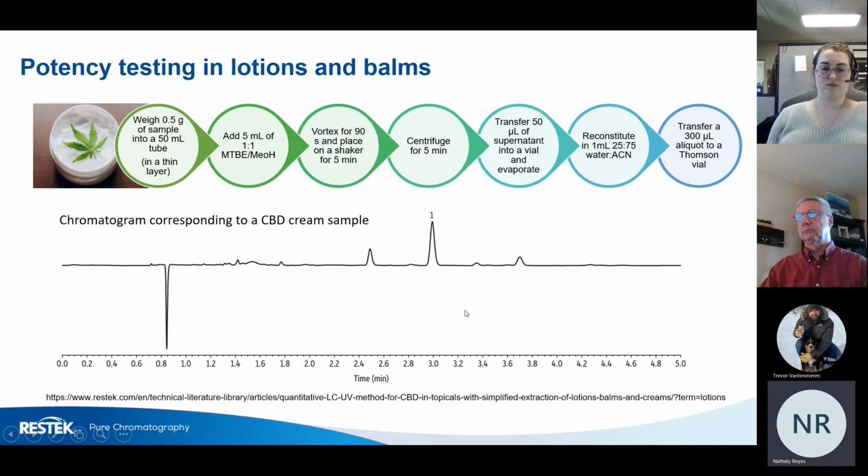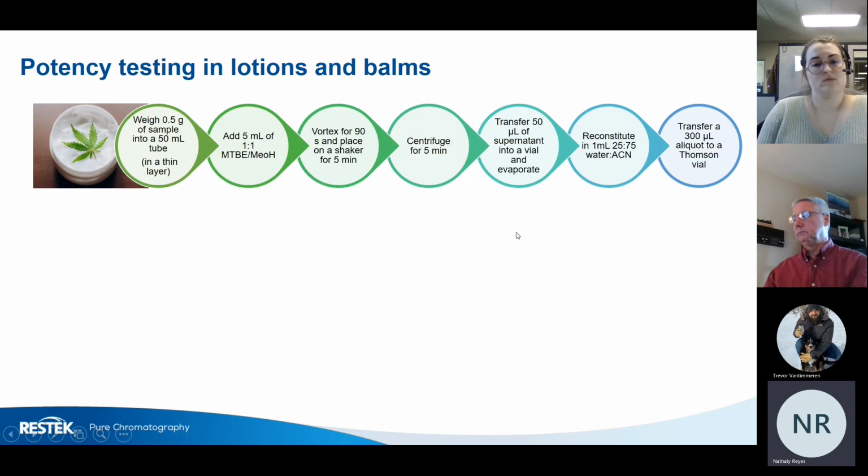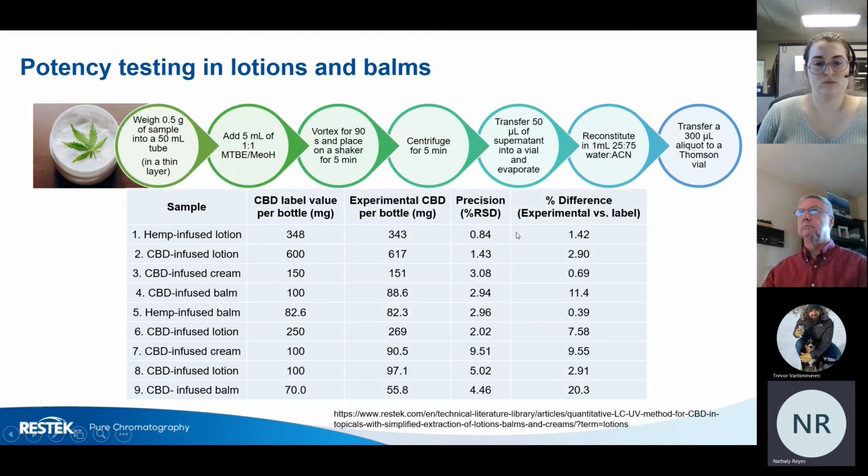And here we can see a chromatogram representative of a CBD cream. And this method was successfully tested in different lotions, creams, and balms. So here we see that 9 different products were evaluated. The same as in the beverage case, a comparison between the experimental and the CBD label value was performed.